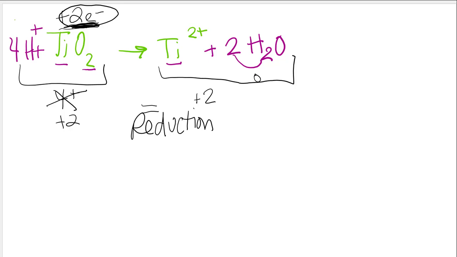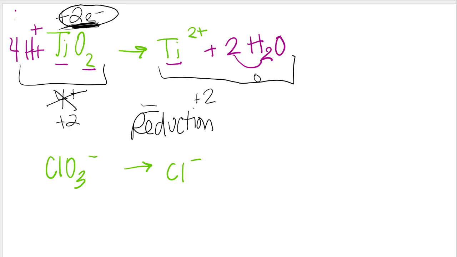Let's do another practice. The next one, here we have ClO3 minus as a reactant, and my product is Cl minus. So first thing we need to do is, this is our half reaction here. So let's balance our half reaction. I've got 1 chlorine on the left and 1 chlorine on the right. Now let's balance our O's.